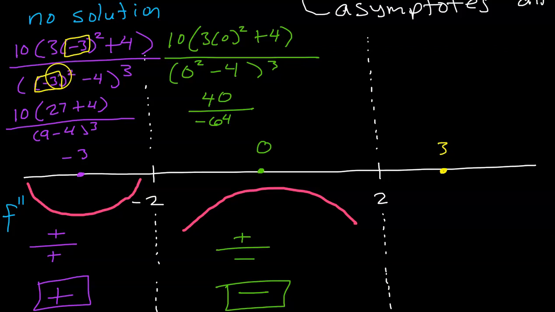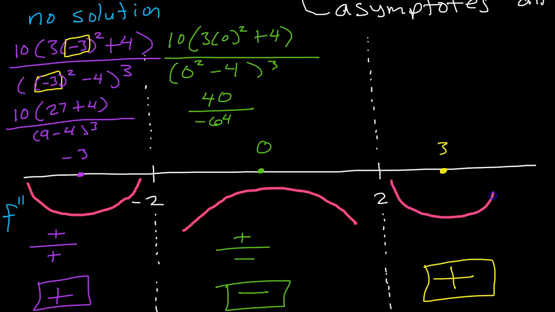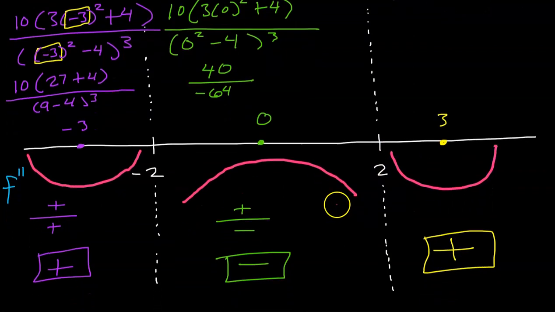That's going to turn it positive. So it doesn't make a difference whether this is a negative 3 or a positive 3. You're going to get the same answer. So we really don't have to redo that calculation. We can just immediately say, well, it's going to be the same result. So it's going to be positive, and the function will be concave up in this interval.